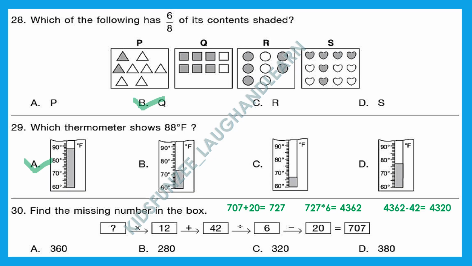The answer will be 4320. Now only multiply 12 is left at left side. We'll take this also to the right side. It will become divided by 12. So 4320 divided by 12 is equal to 360. We got our answer. Question mark is equal to 360. That is option A.